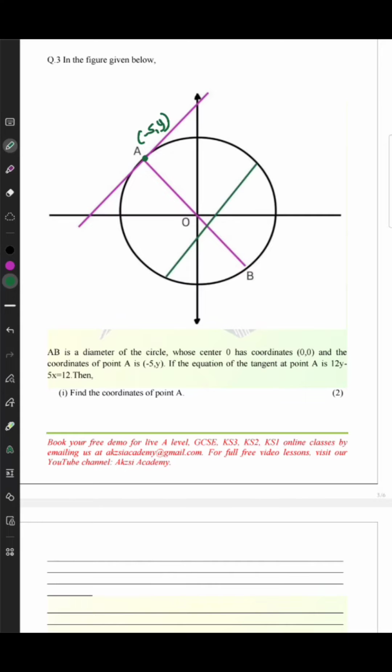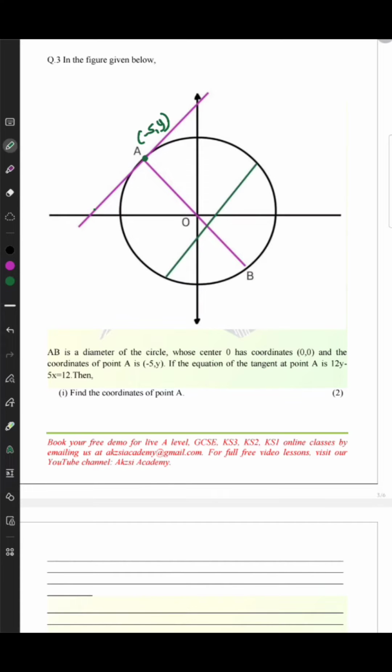For this tangent, the equation is 12y minus 5x equals 12. So every point lying on this tangent bears this relationship. That means when I substitute the values of x and y of those coordinates, I'll get 12 as my answer. So that's the meaning of this.